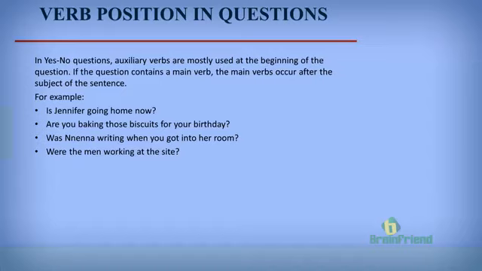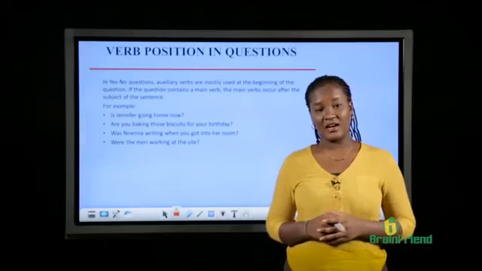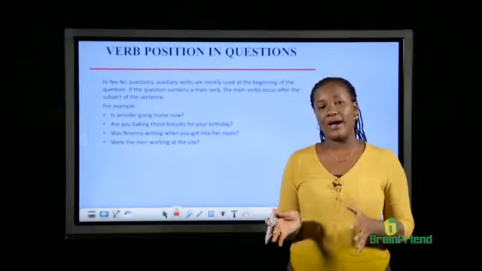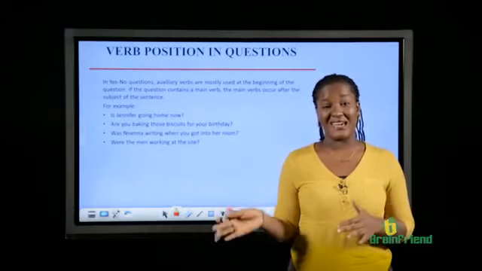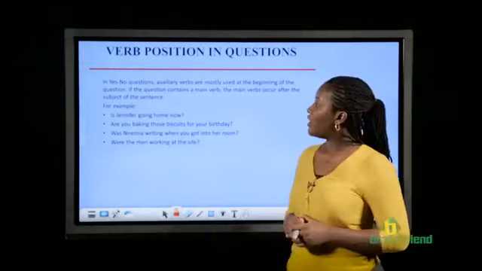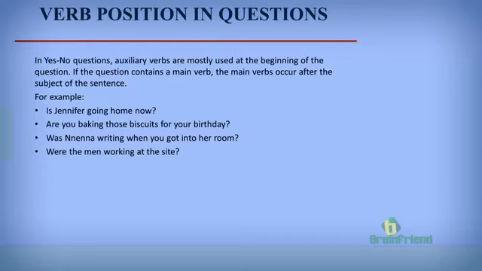Now, the second type of questions is the yes-no questions. I did say earlier that these are questions that require an answer of yes or no. In yes-no questions, auxiliary verbs are mostly used at the beginning of the question.